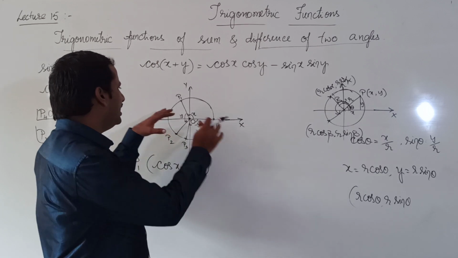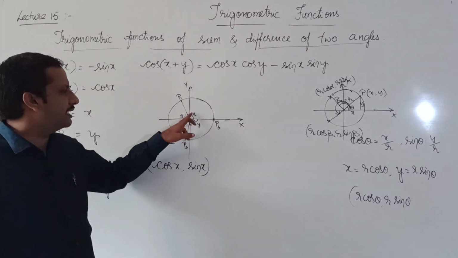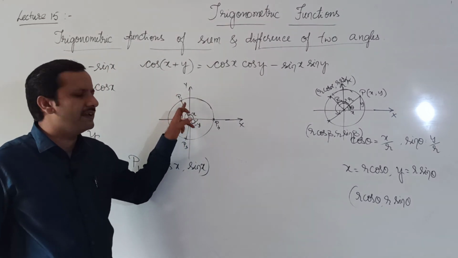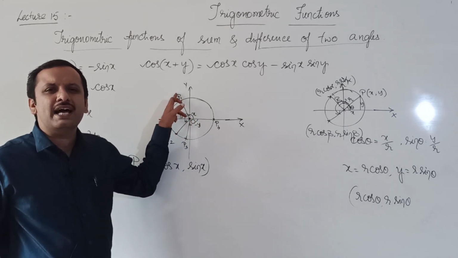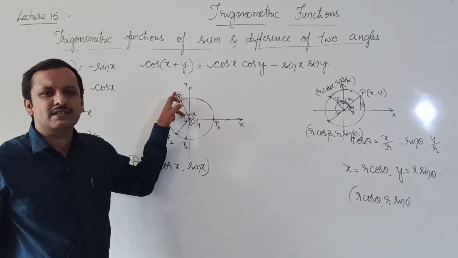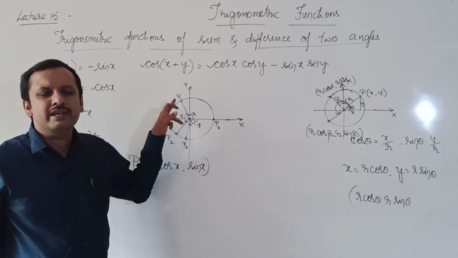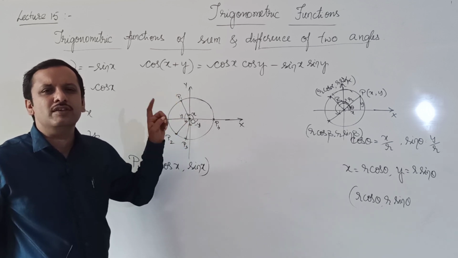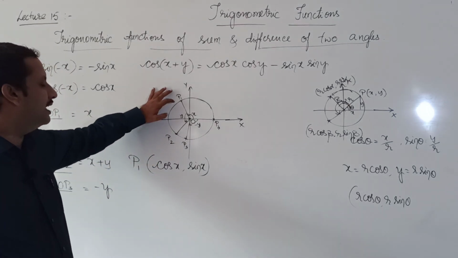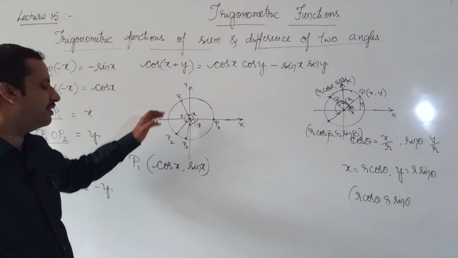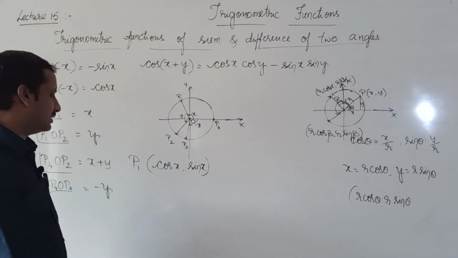Now coming to this, the total angle P4OP1 is x. So this point is represented as r cos x comma r sin x. R is the radius, but here we are considering a circle with unit radius, that means radius is equal to 1 unit. Therefore, the coordinates of P1 will be cos x comma sin x.